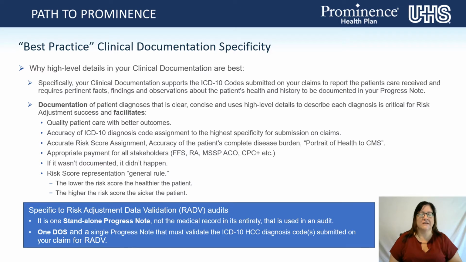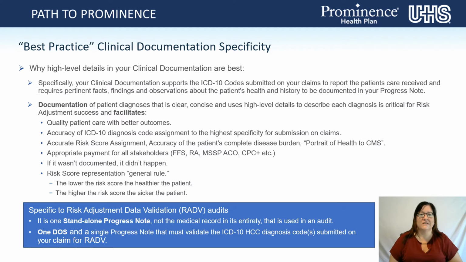Specifically, your clinical documentation must support the ICD-10 codes submitted on your claims, which reports the patient's care received and requires pertinent facts, findings, and observations about the patient's health and history to be documented in your progress note. Documentation of a patient diagnosis that is clear, concise, and uses high-level details to describe each diagnosis is critical for success in risk adjustment.